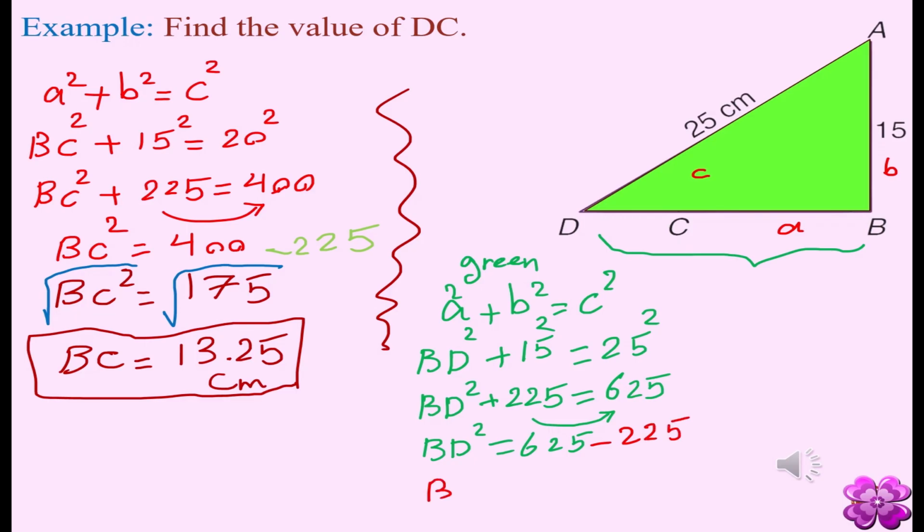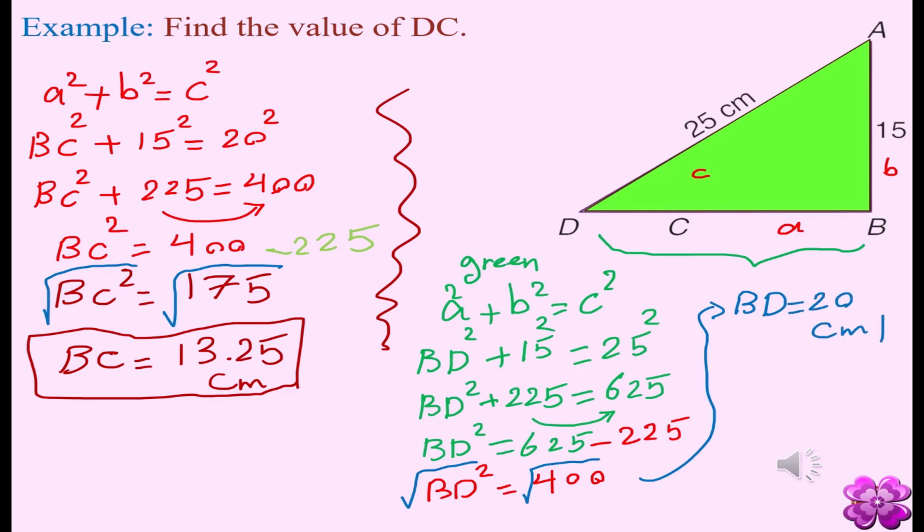So therefore, BD squared would be, if you subtract them, 400. Now we are going to take a square root from both sides. We will end up that BD is nothing but 20 centimeters.